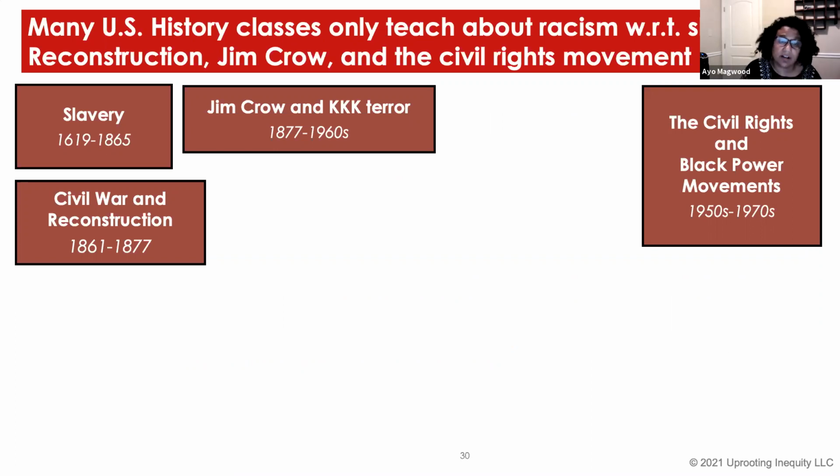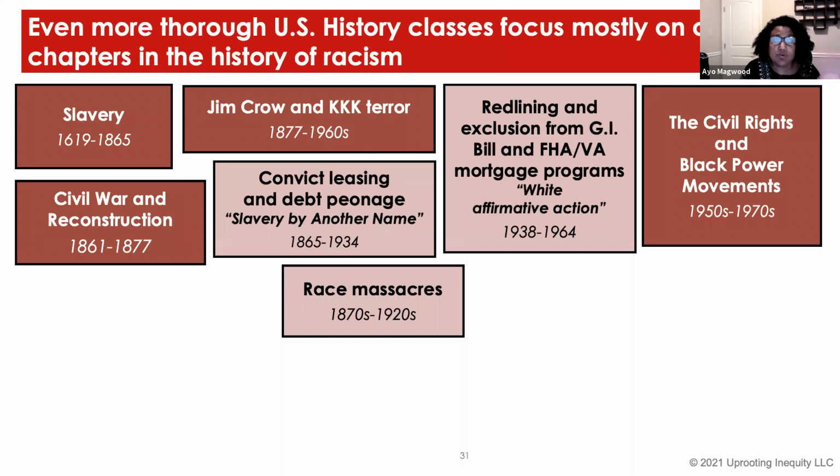I am pretty sure Blacks were only mentioned in those 4 eras, all right? Maybe some of the more progressive, better US history classes might mention in passing, not an entire unit, but maybe a paragraph or 2 on convict leasing and debt peonage, the race massacres and redlining, right?